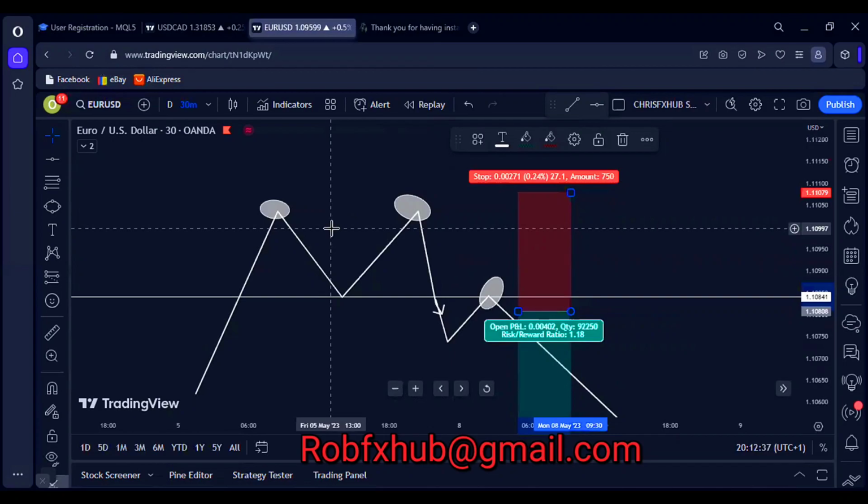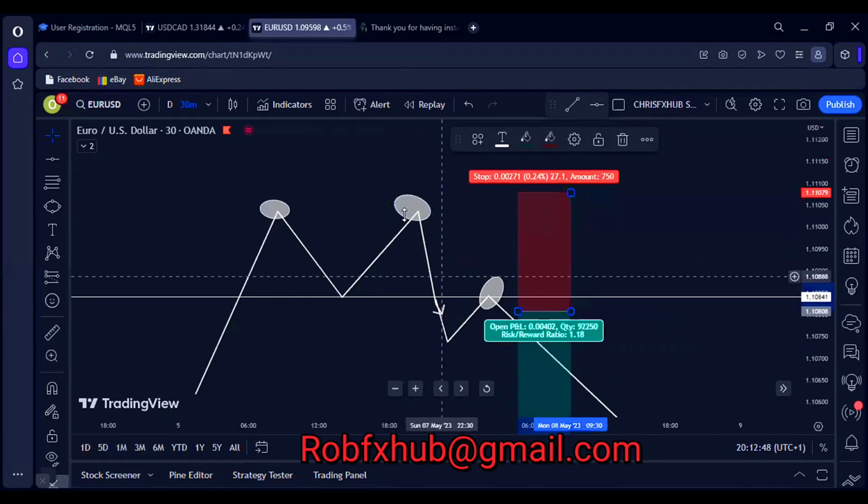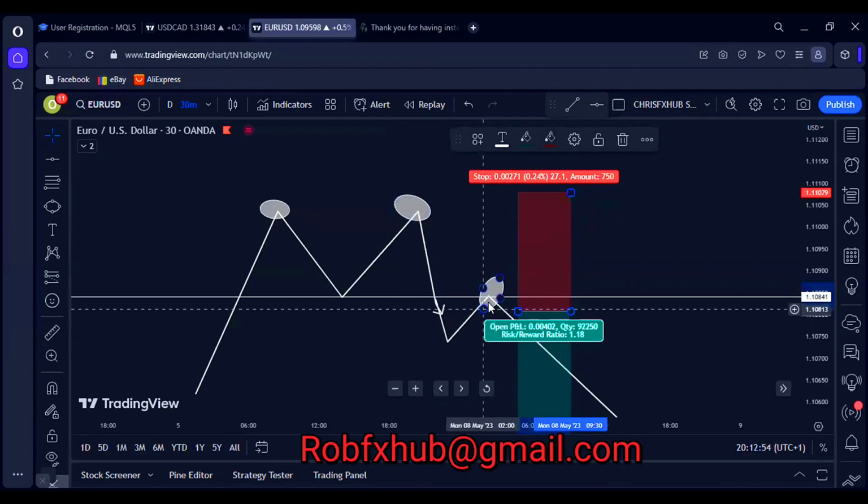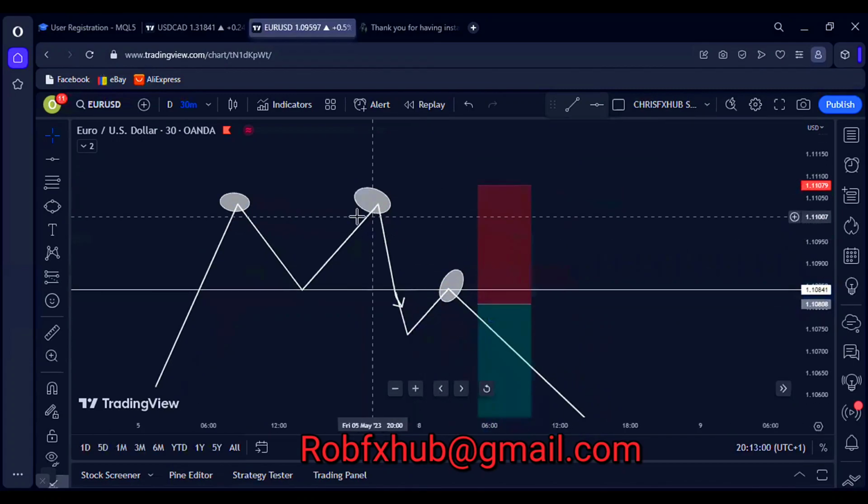Let me say this quickly. If you don't see a lower high, never enter a sell trade. If you don't see a higher low, never enter a buy trade. What does it mean? If there is no structure behind to put your stop, don't enter the trade.